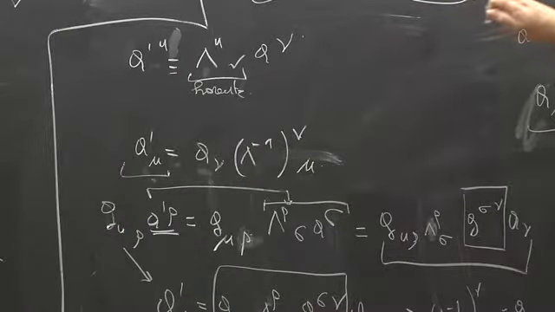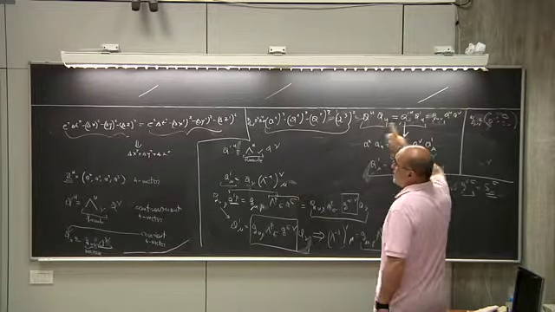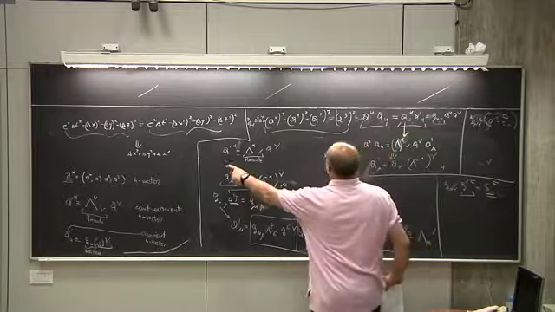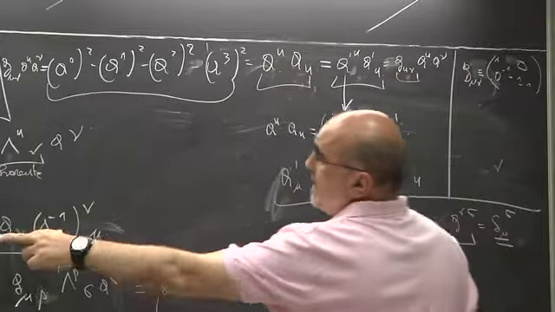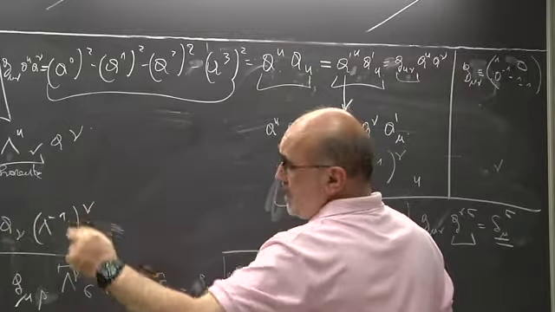Or the proof is the fact that the 4 length is left invariant by a Lorentz transformation. If the 4 length is left invariant by the Lorentz transformation and you write the 4 length in this manner, then it's easy to derive these things, okay?